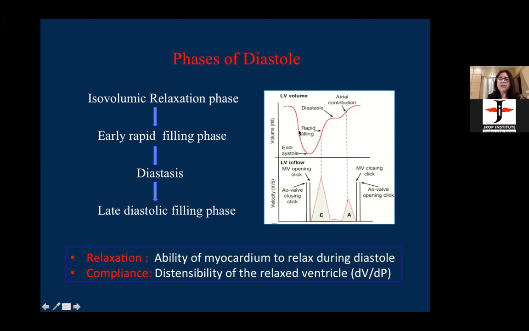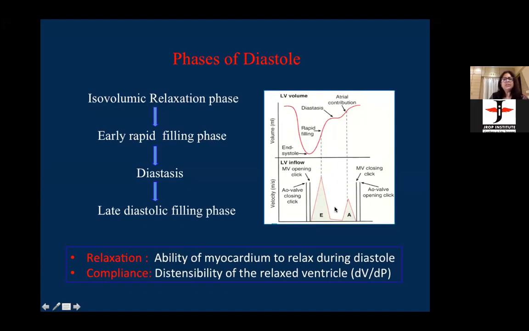If you look at the LV pressure curve, this is the early rapid filling phase. Look at how steep the curve is, and this results in the E wave in the pulse Doppler of the mitral inflow, which I'll show you in the subsequent slides. So the early rapid filling phase gives rise to the E wave.